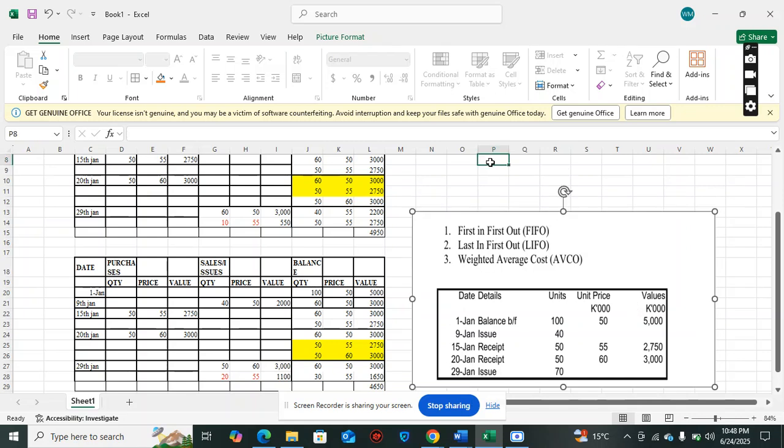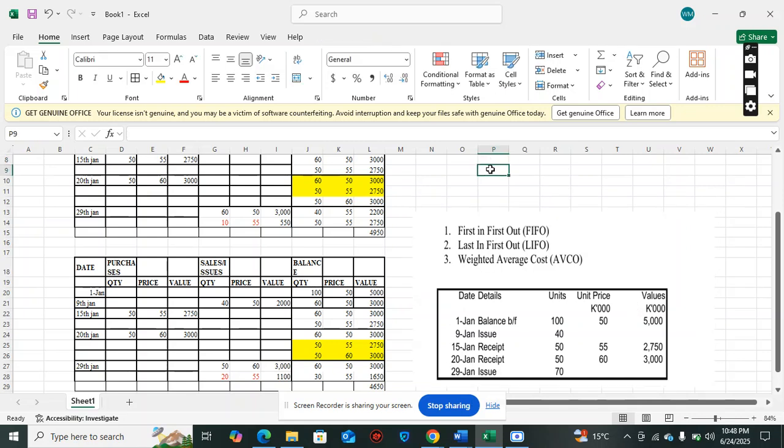So we need to remember this formula. The average cost is the total cost divided by the quantity. Okay. Total cost divided by the quantity.